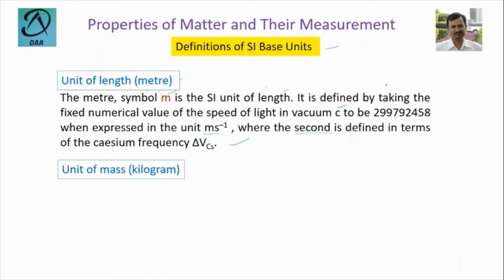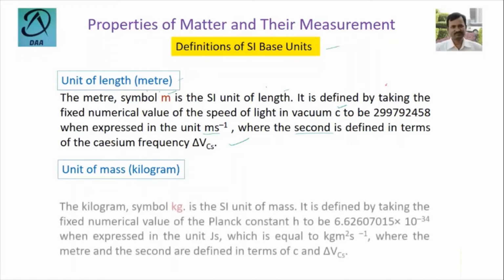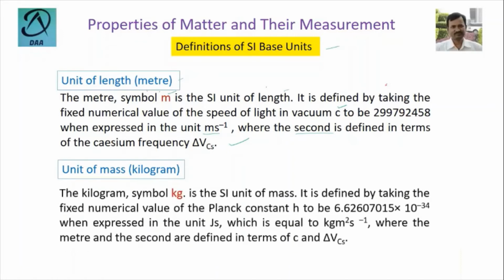Now, the unit of mass, which is the kilogram. The unit of mass is kilogram as per the SI system. Its symbol is small k, small g. And it is defined by taking the fixed numerical value of the Planck constant h.